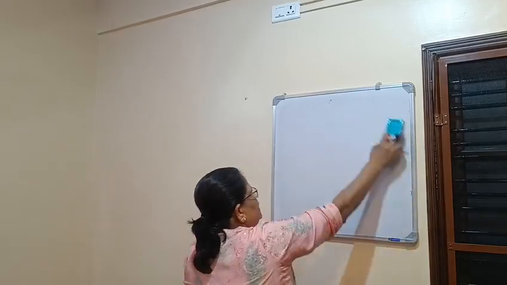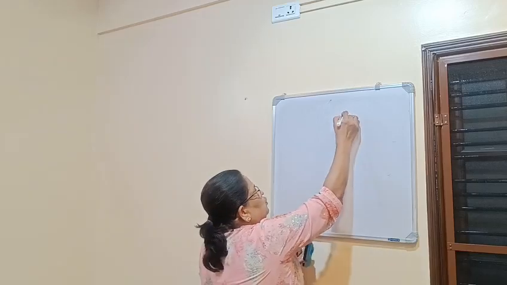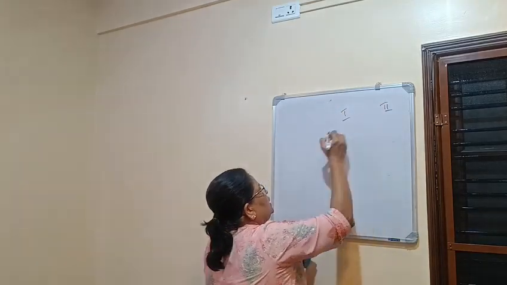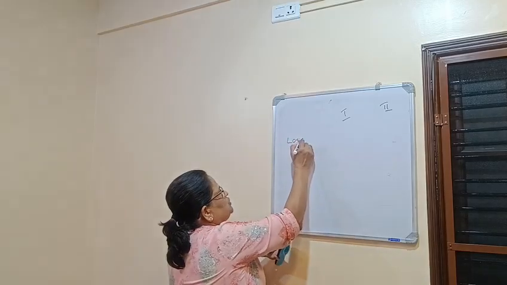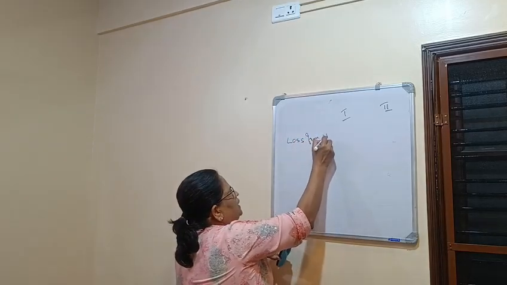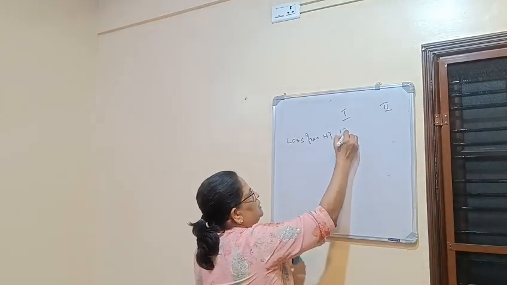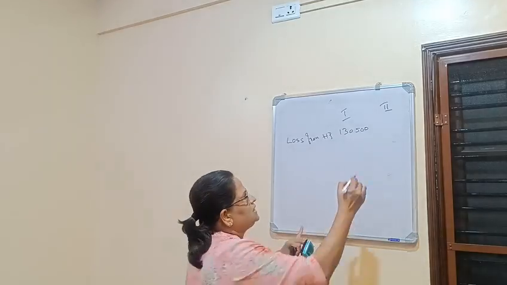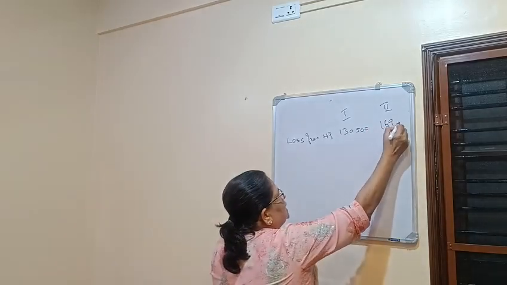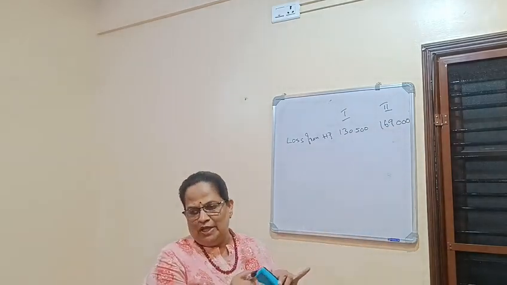Deciding factor is we have to make a table as per the old scheme and new scheme, option 1 and option 2. Loss from house property, as per the first option, 1,30,500. Next is 1,69,000. That is considering both the house properties together, plus value and minus value.